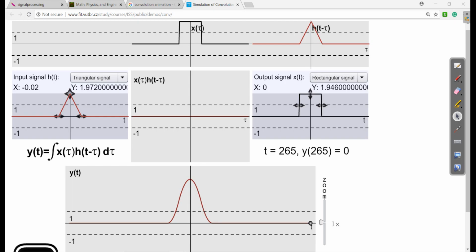So if you look at the animation here, this signal, a simple one, is X and the other one is H. So what does the convolution sum say? The convolution sum says that if we have this H, we simply flip it.